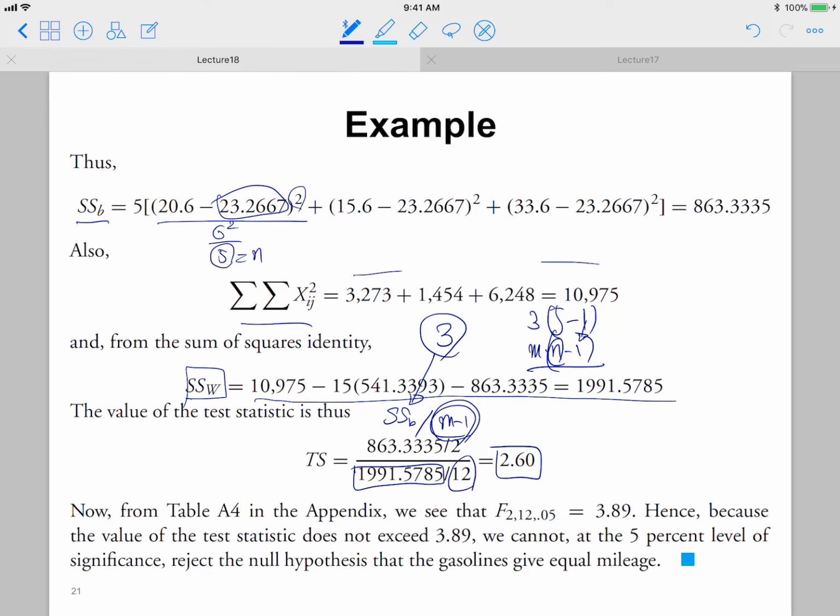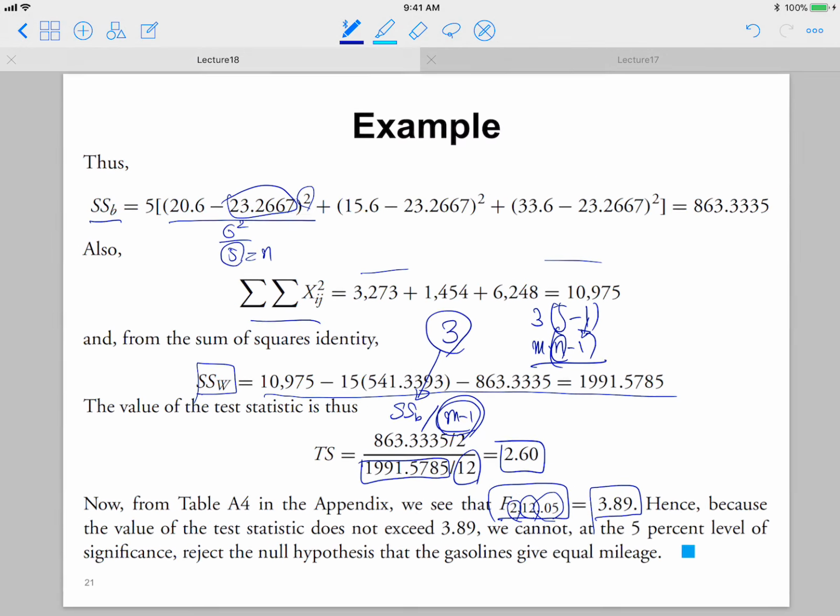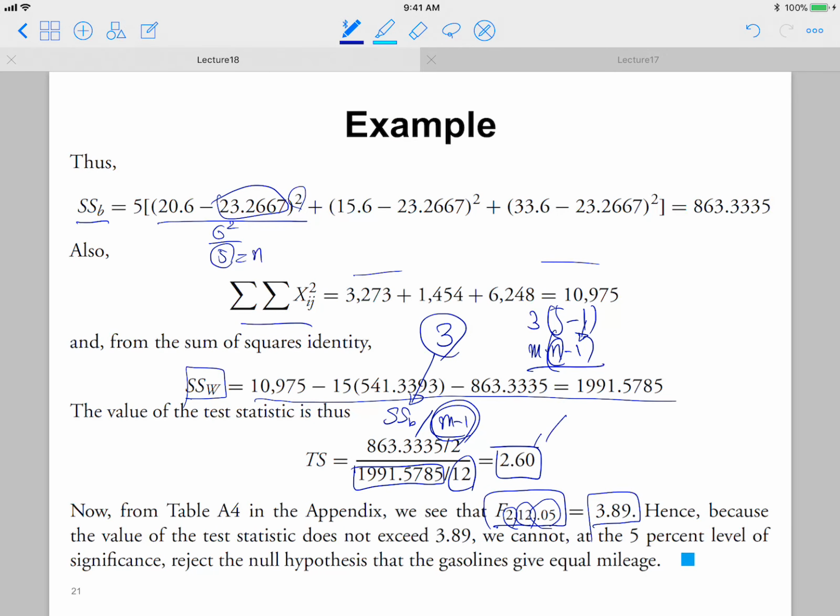And so our test statistic is 2.6, and then the F distribution that we have to look for has degrees of freedom 2 and 12. In this case, if the alpha value was used as 0.05, then this value is 3.89, and since this value is smaller than this value, so this value didn't exceed this threshold value, we should not reject the null hypothesis.